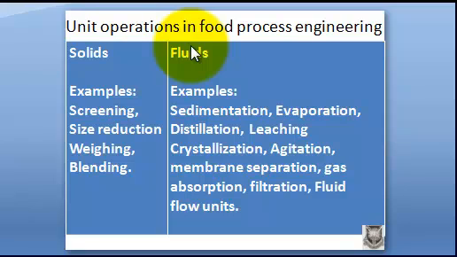While for fluids, which includes both liquids and gases, examples are sedimentation, evaporation, distillation, bleaching, crystallization, agitation, membrane separation, gas absorption, filtration, and fluid flow units. There could also be general operations such as heat transfer and reaction.